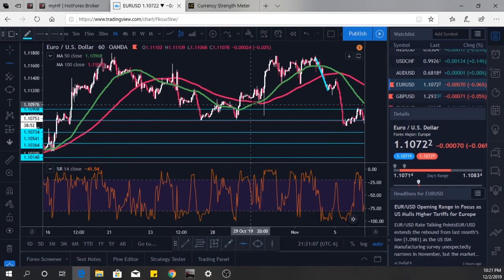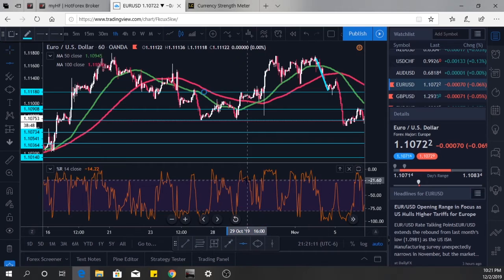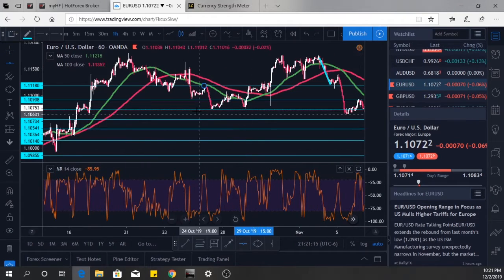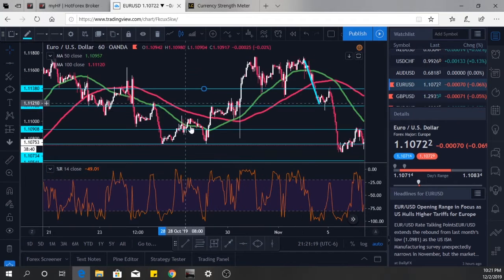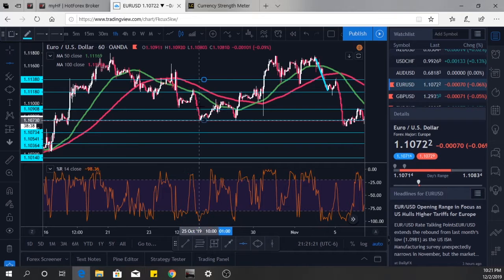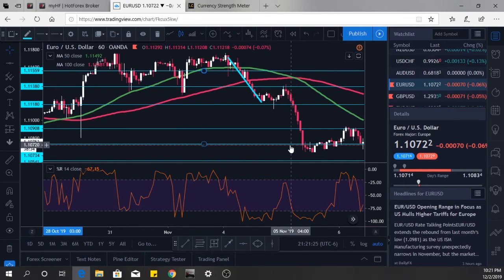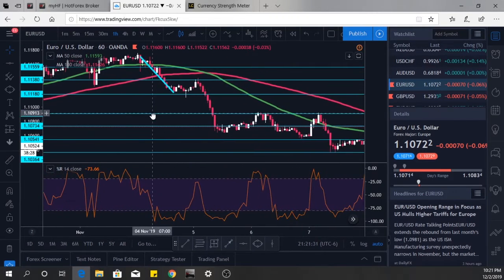Resistance right here. Alright, now as you can see, the 50 and the 100 MA cross here.